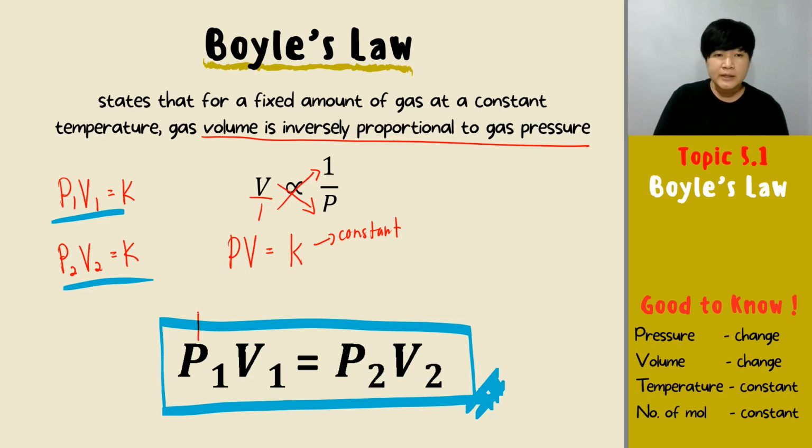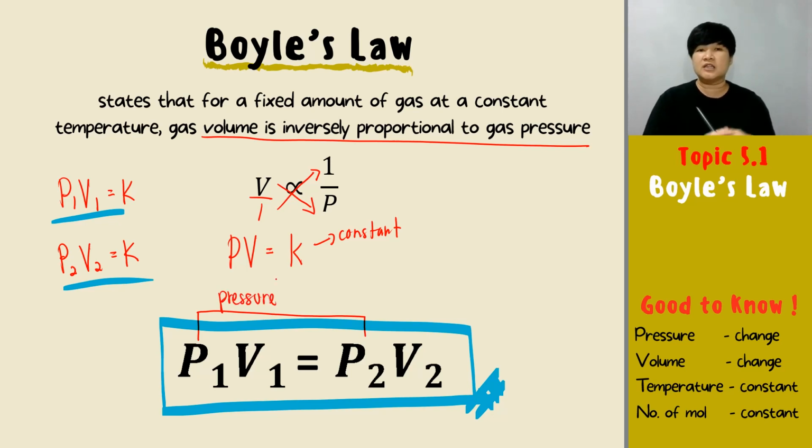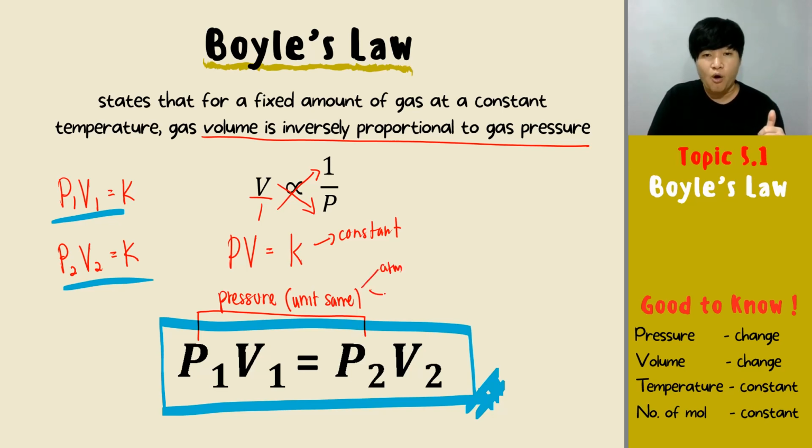Knowing that P1 and P2 both are pressure, and that pressure has a lot of different units, what unit are we using? You can use any unit that you want with one condition: the unit must be the same when you put it into the formula. You can use atm, torr, or millimeter mercury. It doesn't matter what you use, but the unit must be the same.